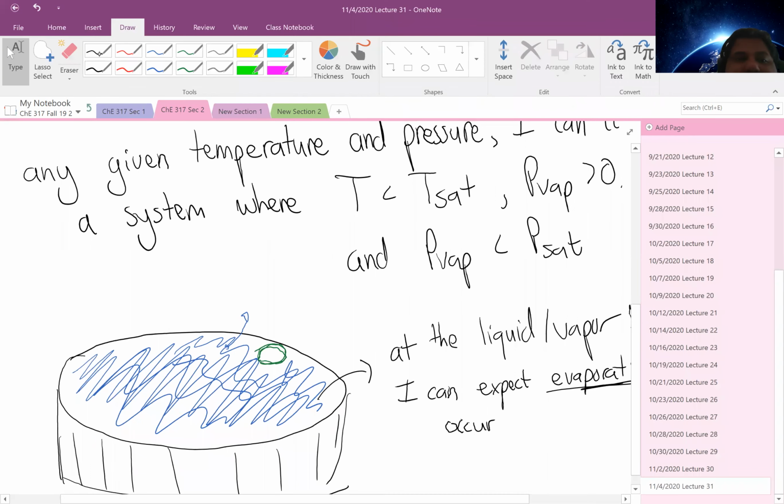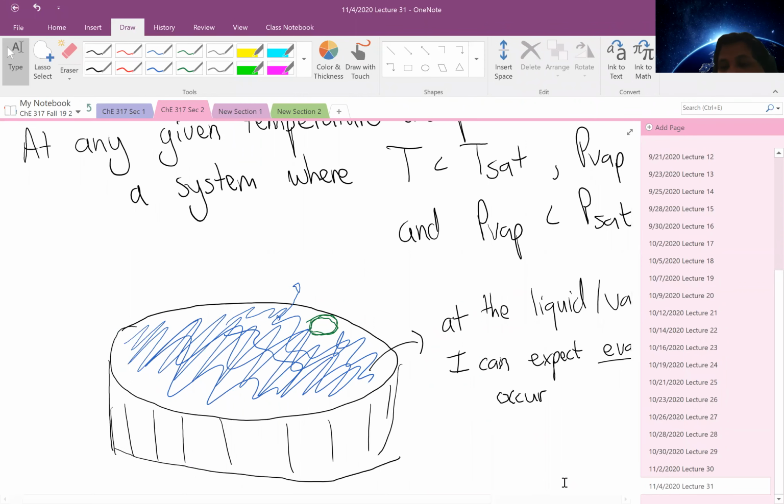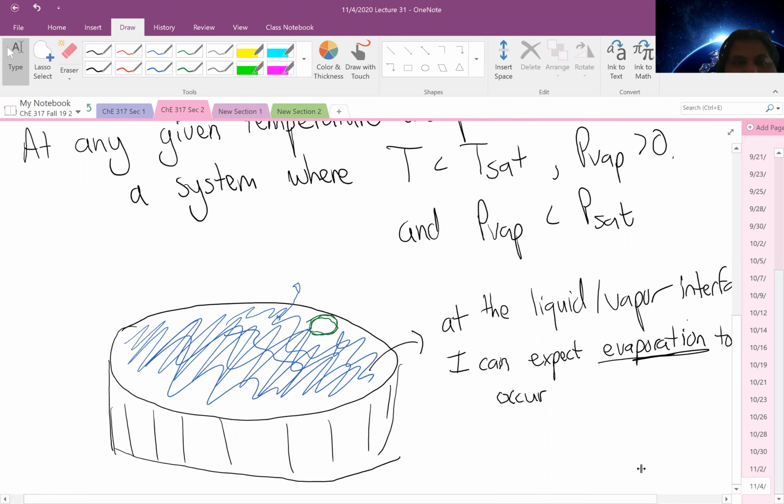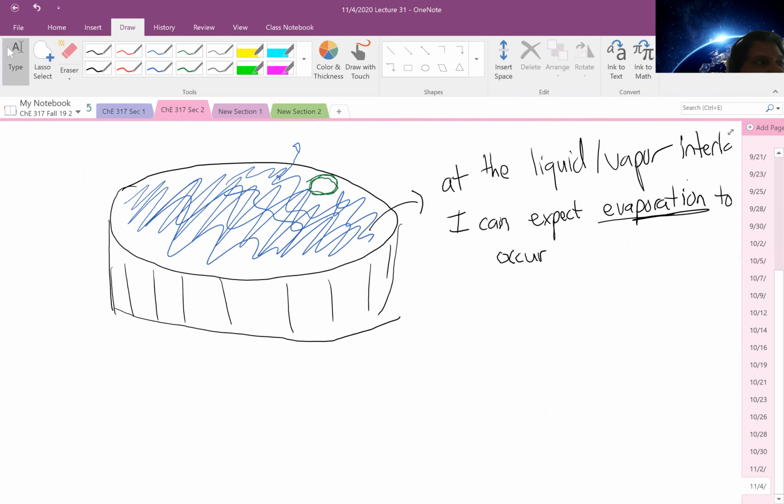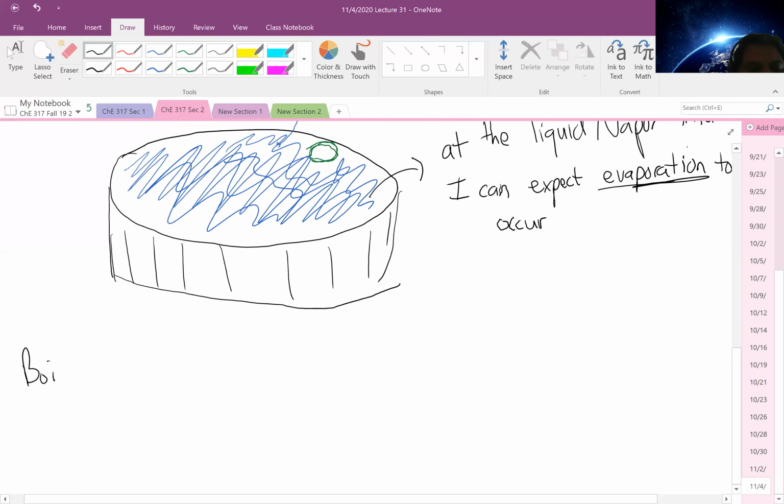This differs from boiling in that boiling occurs at a solid liquid interface.